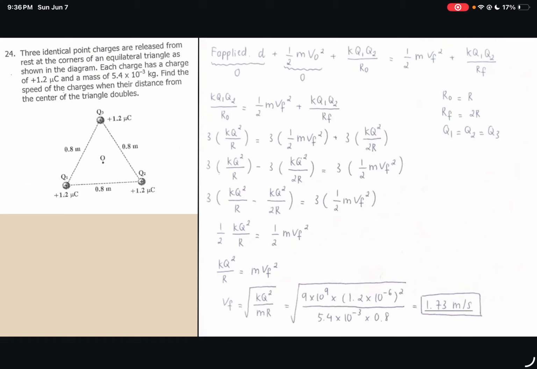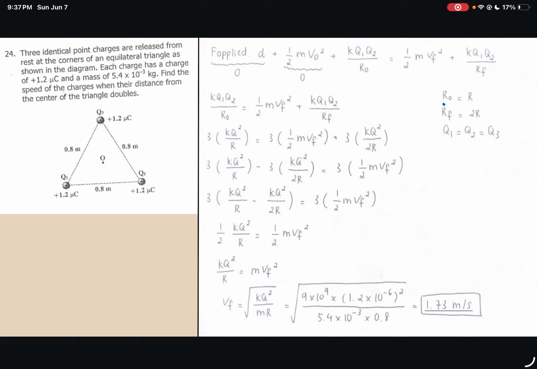The charges are also released from rest, so the initial kinetic energy is 0. Therefore, the equation becomes kq1q2 over r initial equals 1 over 2m v final square plus kq1q2 over r final.